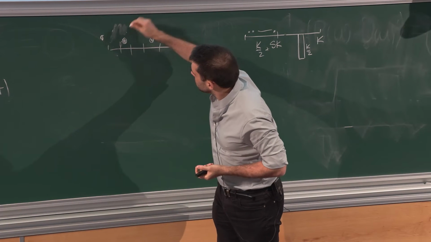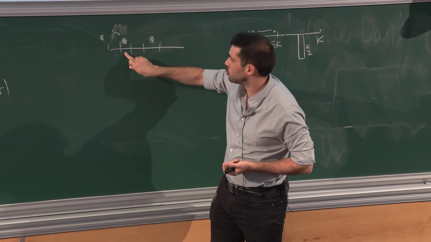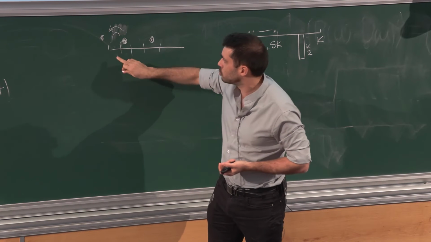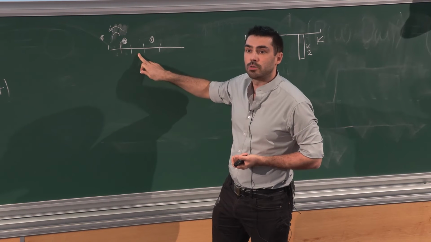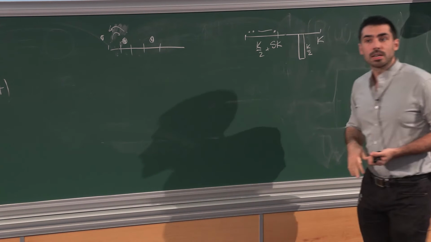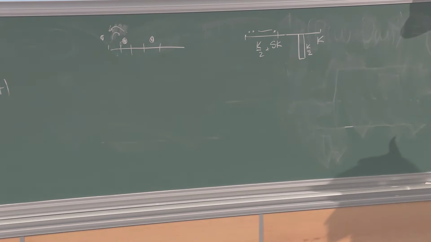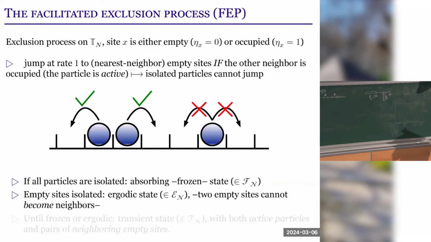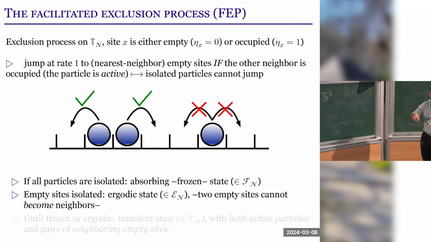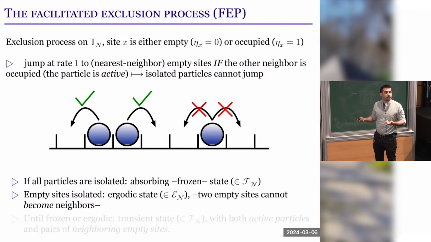In order for them to become neighbors, the empty site needs to jump here, which means the particle needs to jump there, but it cannot because of the kinetic constraint. So once all your neighboring empty sites are separated, they cannot become neighbors again, which means that once you get to an ergodic state, you remain in an ergodic state.